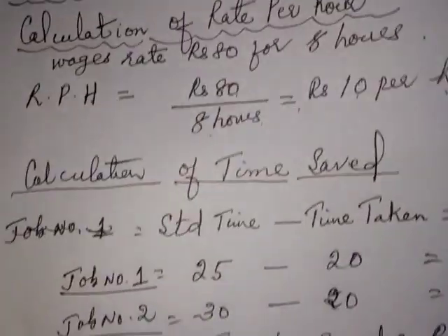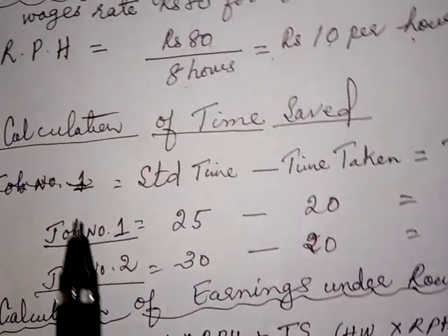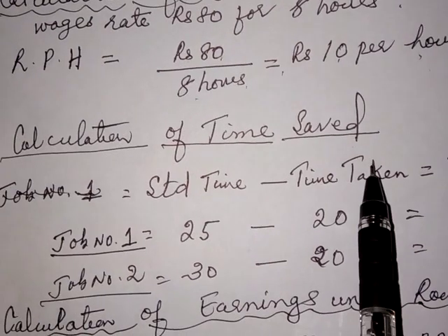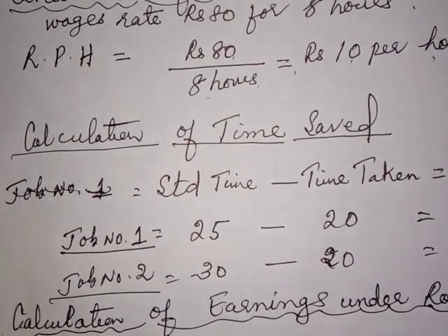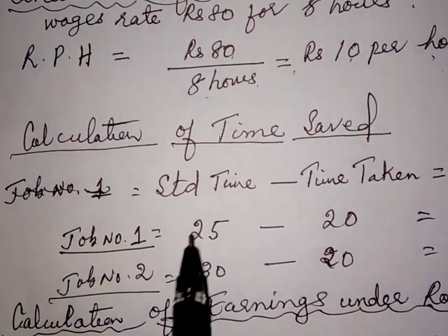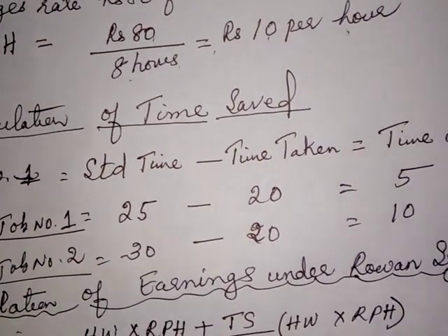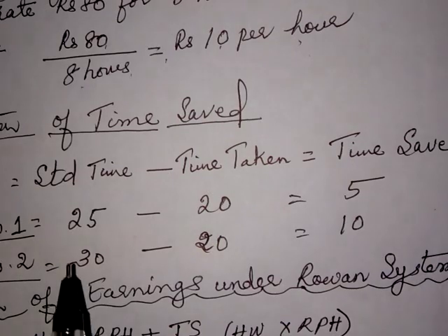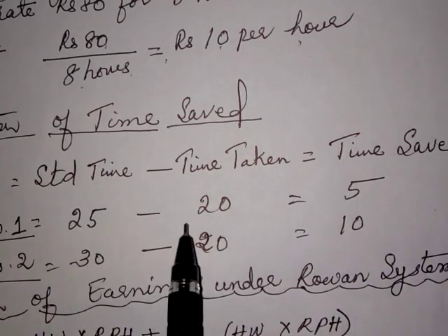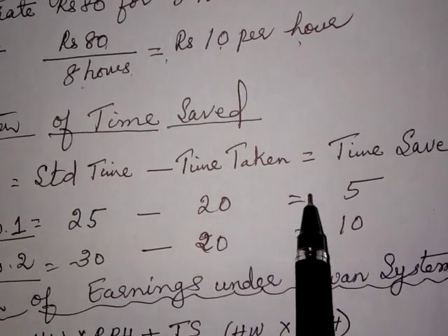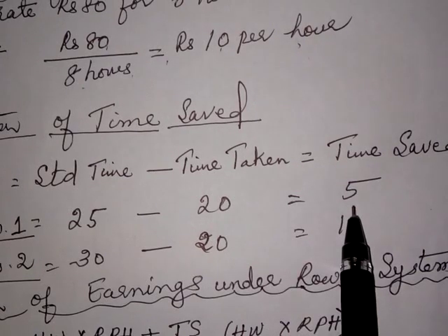Our next calculation is calculation of time saved, which is also not given. The standard time and the actual time is given in the problem. We need to calculate the time saved for both job number 1 and job number 2. The standard time given for job number 1 is 25 and the time taken is 20. So the time saved is 5 hours.